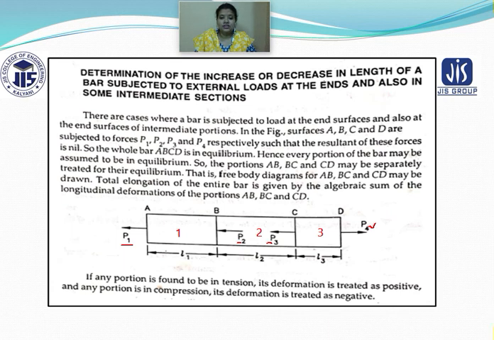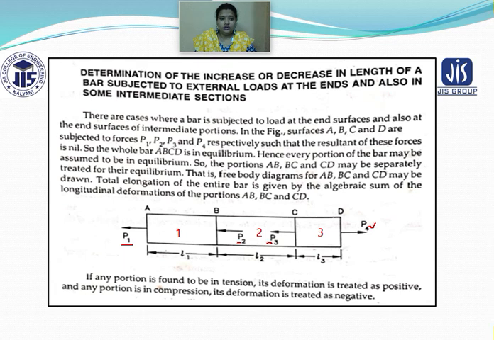So the first thing, to solve this type of problem, is to see whether the loads are in equilibrium condition or not. That means you have to make a summation of all the tensile loads and all the compressive loads, and see whether the value is equal to 0 or not.